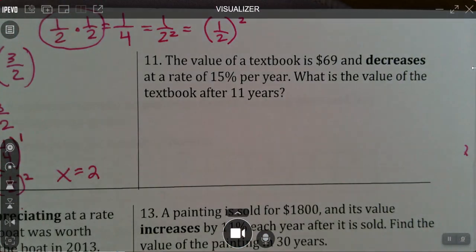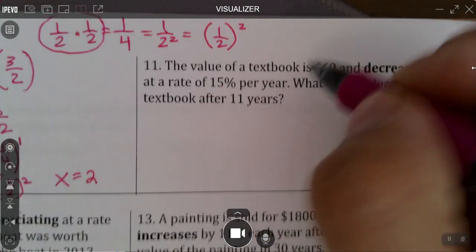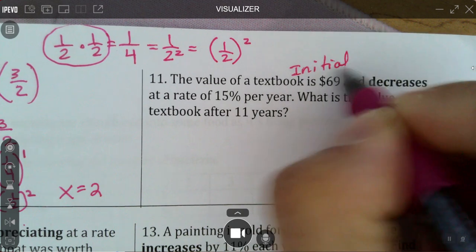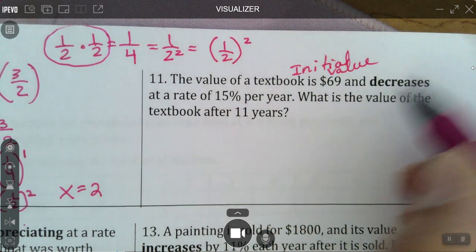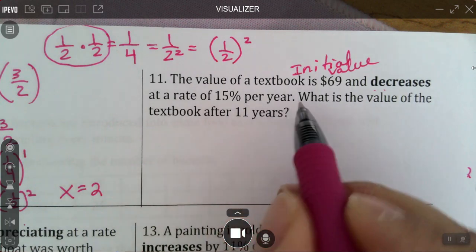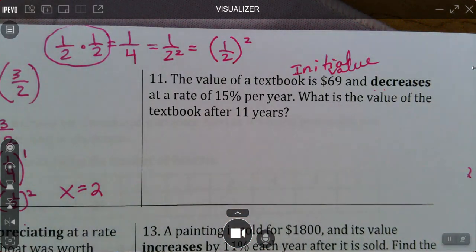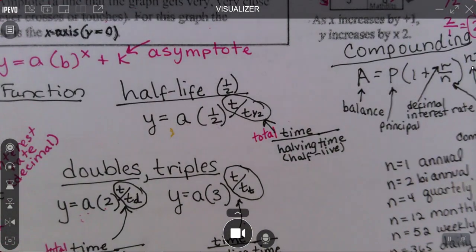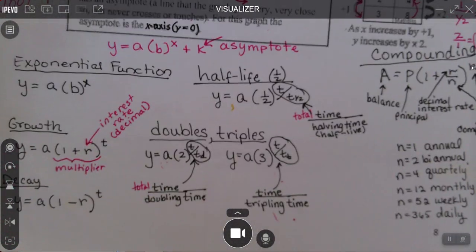All right, the value of a textbook is 69. So when you read this, this is your initial value. And decreases at a rate of 15% per year. Okay? Going back to the front, what type of problem are you looking at? 15% means exponential.